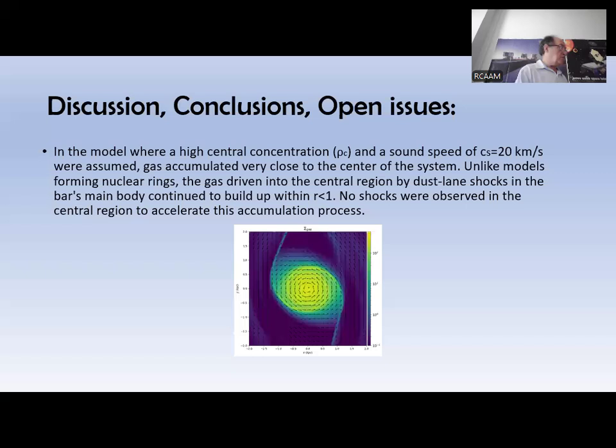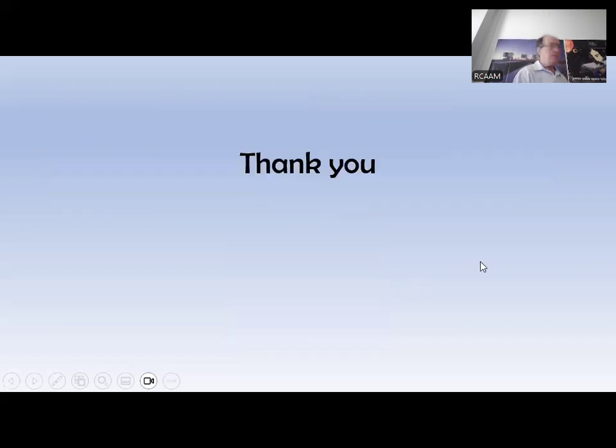This was done having as shocks mainly the shocks that are in the main body of the bar, and then this gas was coming and coming and coming, and then pushing whatever they have found there and pushing closer to the center. This is the mechanism that has produced all this, the disk here. And I think this is what I want to tell you. If you have questions.